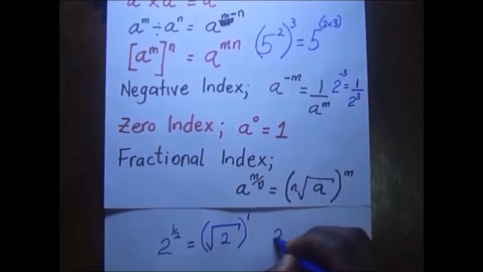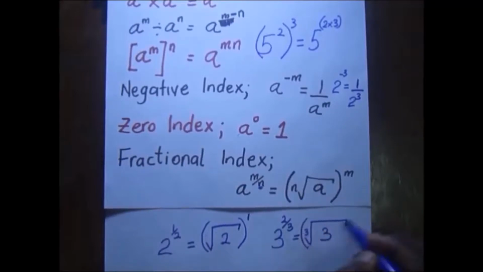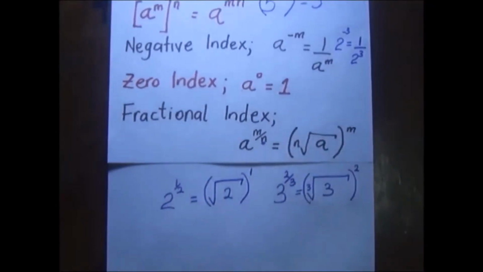Or if it is 3 to the power 2/3, this is the same as saying the denominator is 3, so it is the third root of 3, and all this is to the power 2. Let me give you just one more random example.